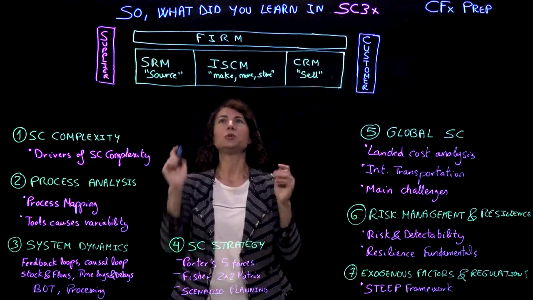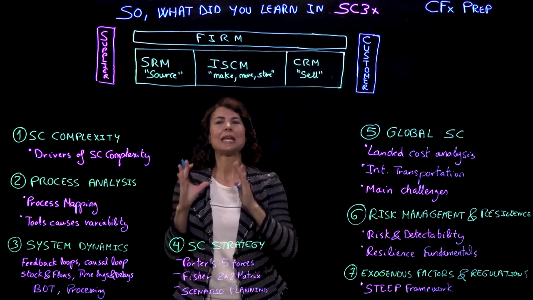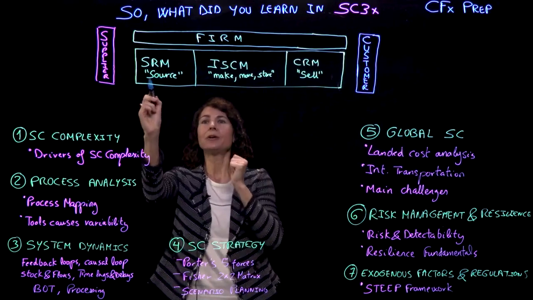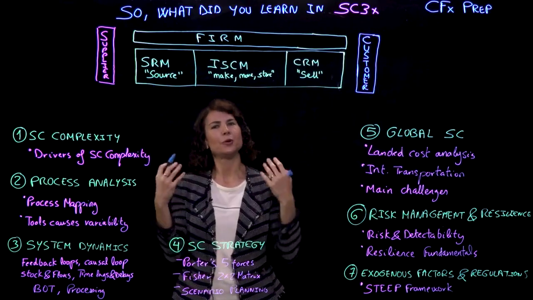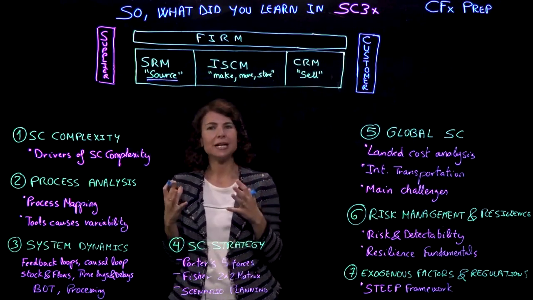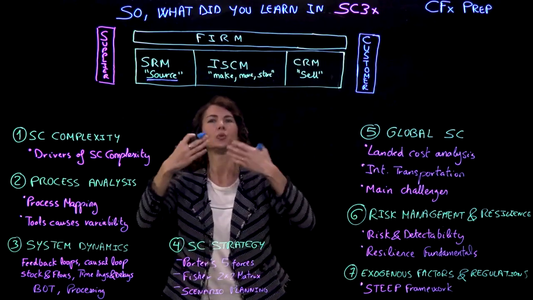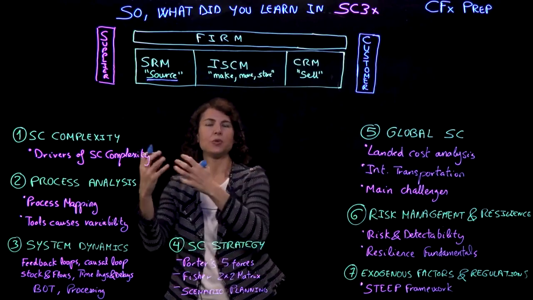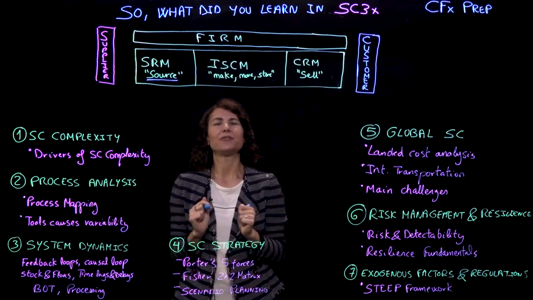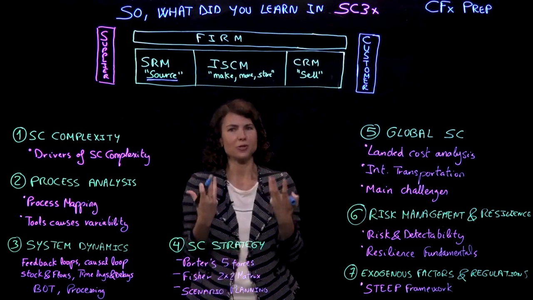If we have a look into the firm, then we are going to mention at least three main processes. The first is supplier management processes. These are the processes in charge of sourcing the raw material, the parts and components that we need in a supply chain in order to transform this raw material into final product. In the center of the figure, we have the internal supply chain management processes.